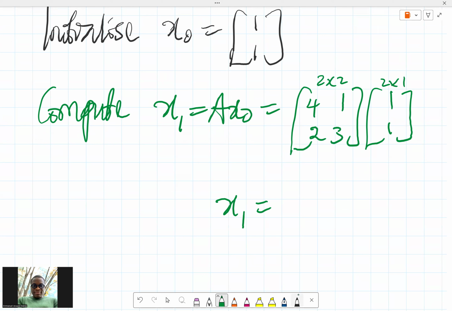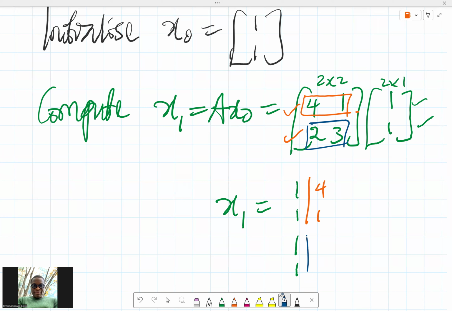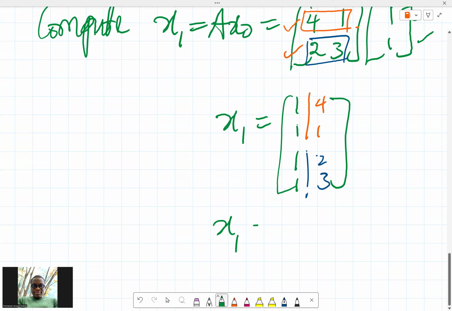So the first row is 4, 1 and the second row is 2, 3. So you have x1: 1 times 4 is 4, 1 times 1 is 1, 4 plus 1 is 5; 1 times 2 is 2, 1 times 3 is 3, 2 plus 3 is also 5. So your x1 is [5, 5].